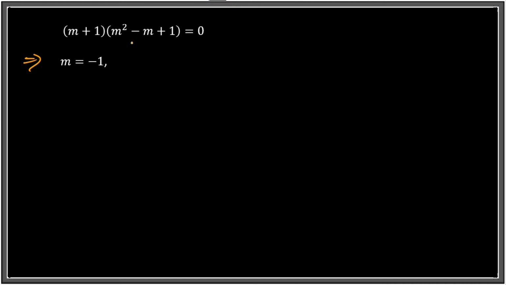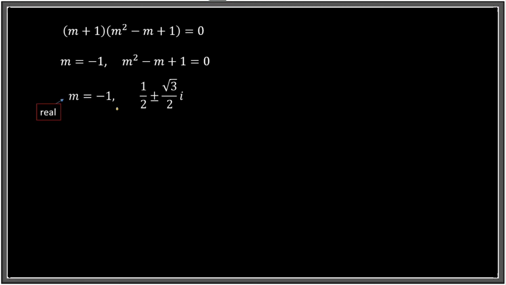Therefore m = -1, and here m² - m + 1 = 0. The roots are 1/2 plus minus (√3/2) i. This is real and this is complex.